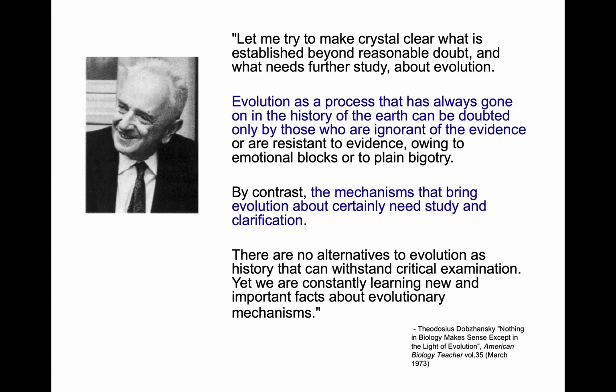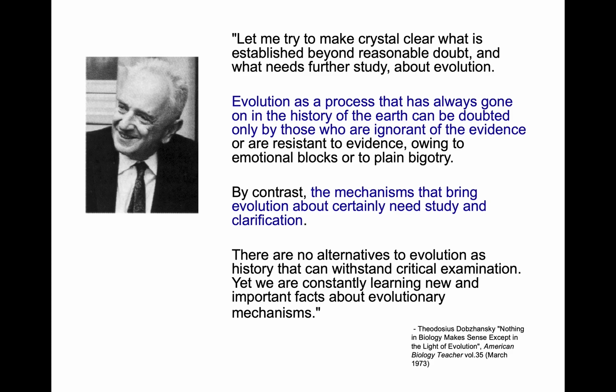Evolution as a process that has always gone on in the history of the earth can be doubted only by those who are ignorant of the evidence or are resistant to evidence owing to emotional blocks or plain bigotry. By contrast, the mechanisms that bring evolution about certainly need study and clarification. There are no alternatives to evolution as history that can withstand critical examination, yet we are constantly learning new and important facts about evolutionary mechanisms."